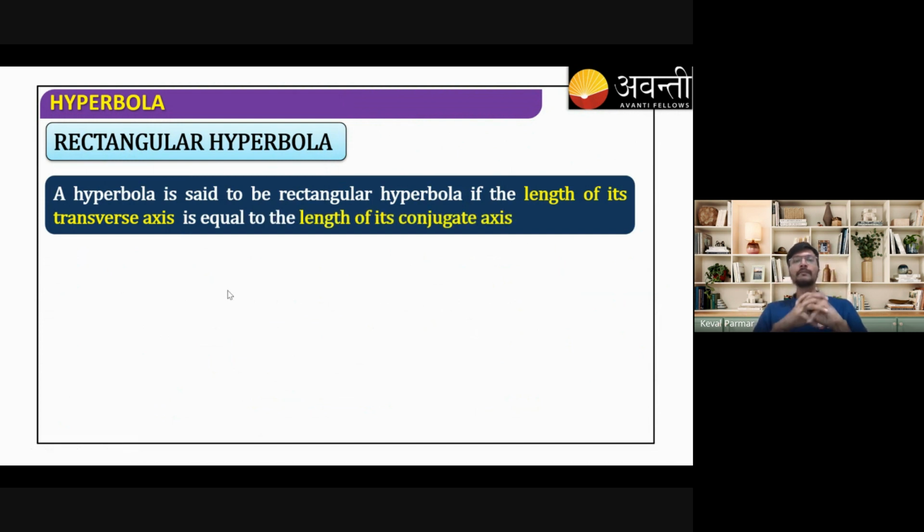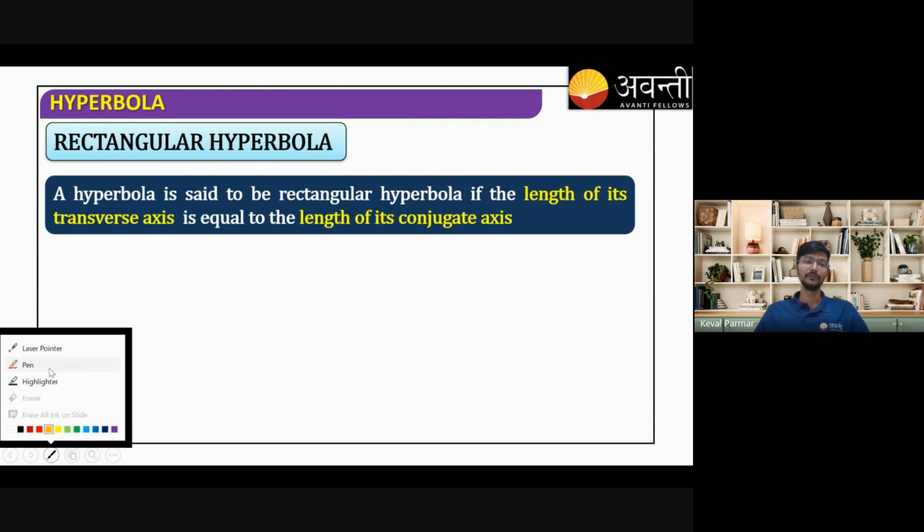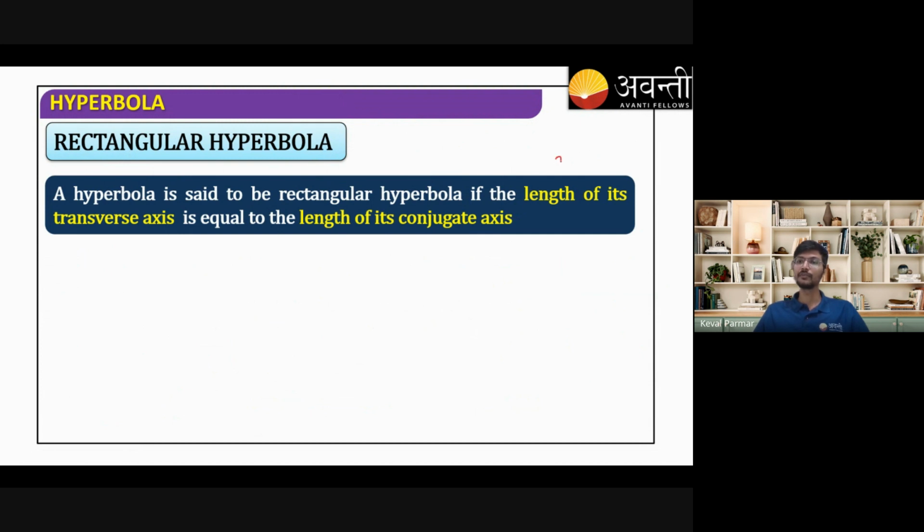You can see here we have the general definition of rectangular hyperbola. The length of its transverse axis will be equal to the length of its conjugate axis. What is the length of the transverse axis? 2a.